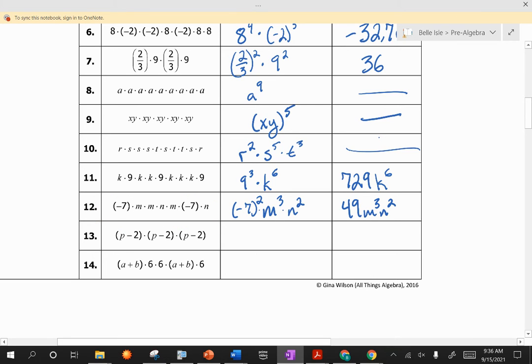Number 13. P minus 2. This is something you will get very used to working with in algebra and algebra 2. We would call P minus 2 in parentheses a factor. P minus 2 times P minus 2 times P minus 2. How are we going to write that?